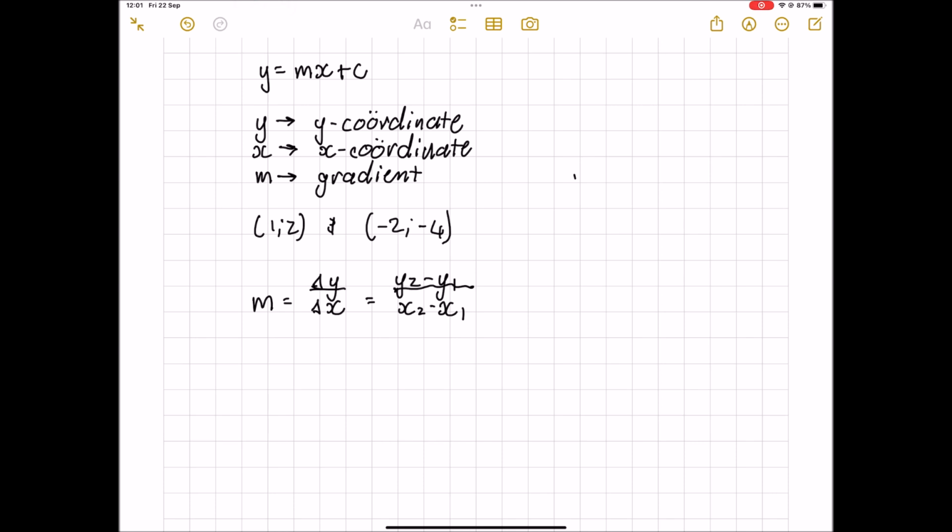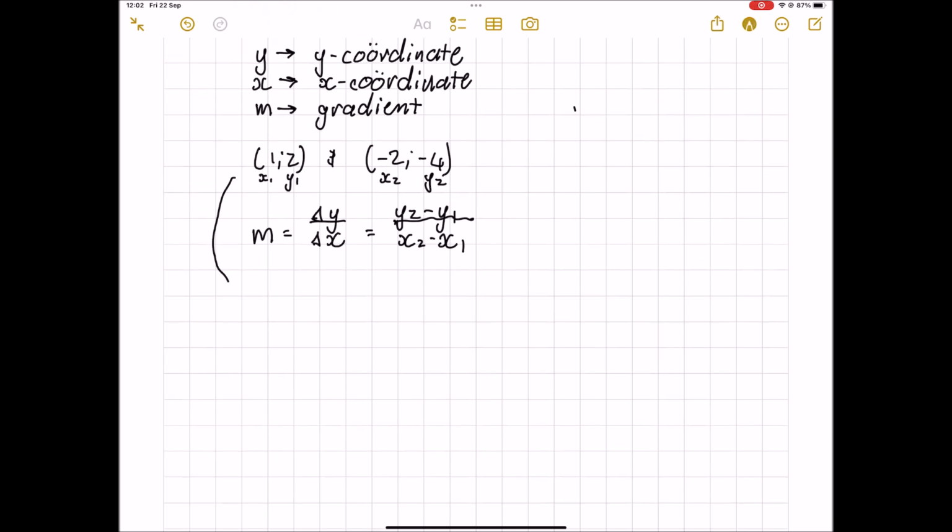What we'll do is we'll calculate both of the cases, and then you'll see that you'll get the same answer. So let's say you choose this one as x1 and y1, and this one as x2 and y2. To find the gradient of these two, you can look at the equation and say the change in y, which is y2 minus y1. So y2, which we labeled there, is -4, and y1 is 2.